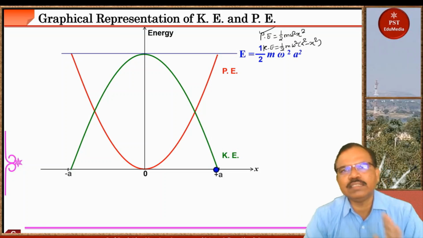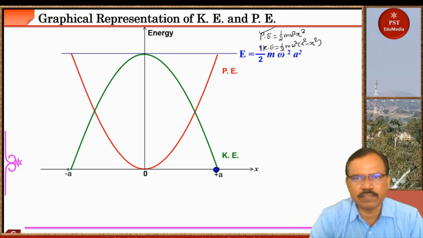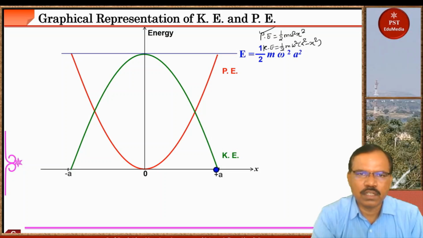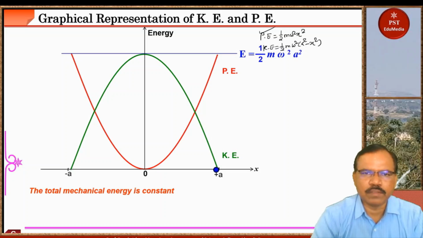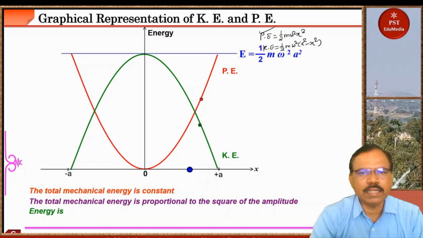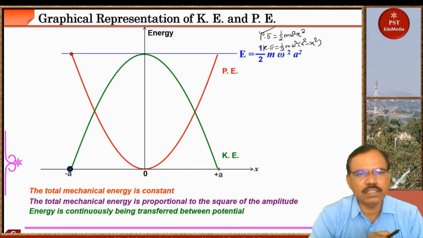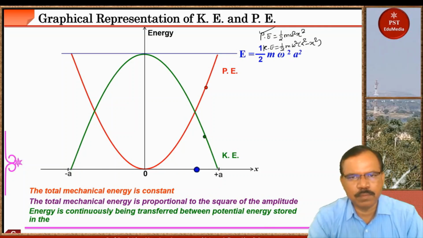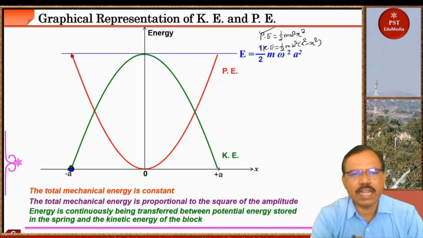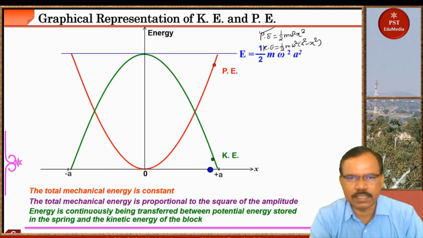But total energy E is equal to 1/2 m omega square a square, that is constant. So total energy is conserved. So when the particle is moving along the path between plus a and minus a, you will observe change in kinetic energy and change in potential energy.